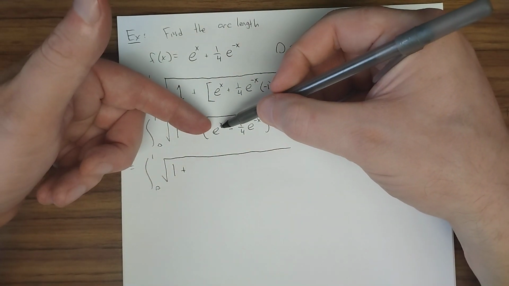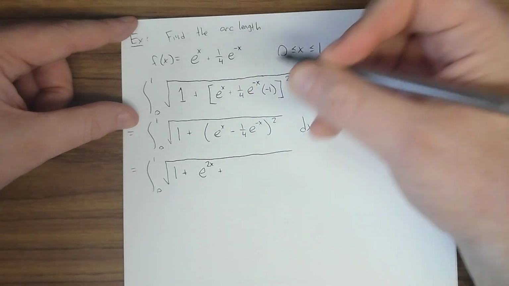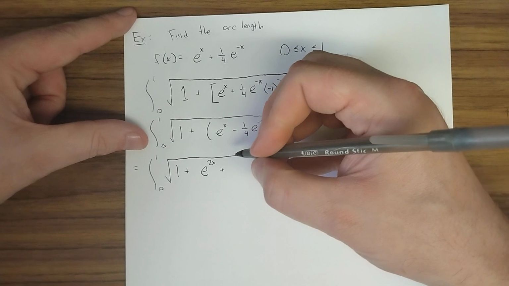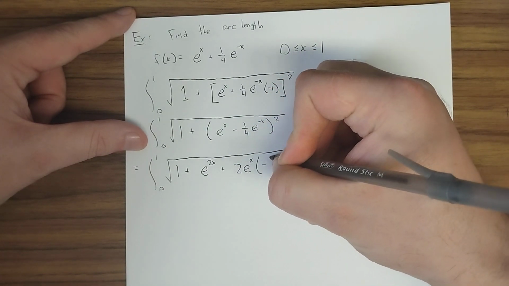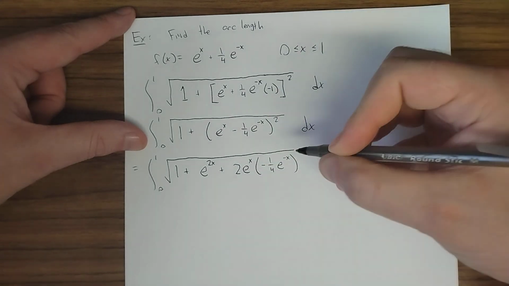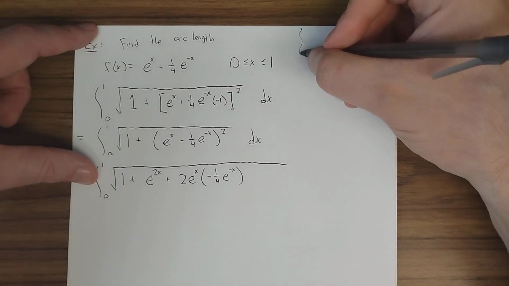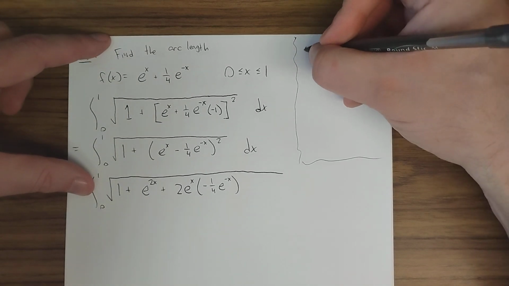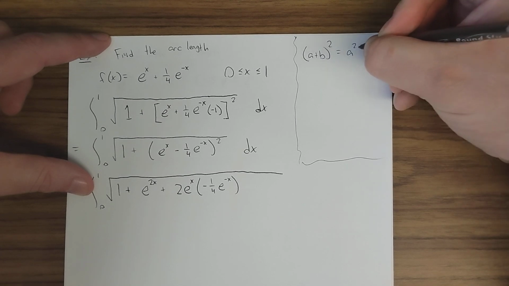I'm going to have my first thing squared, so that's e to the 2x. And then I have 2 times this, so that's 2 e to the x times -1/4 e to the negative x. Just so everybody follows me, I'm just using this.